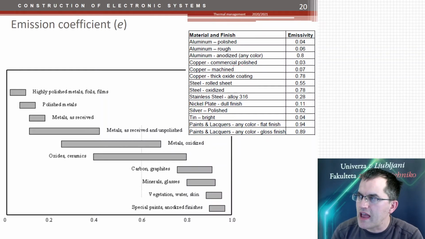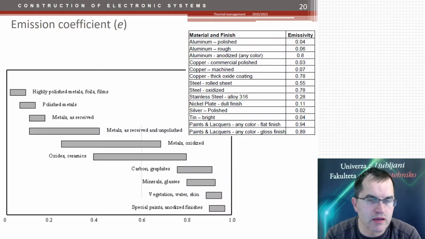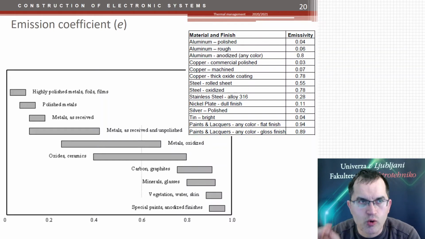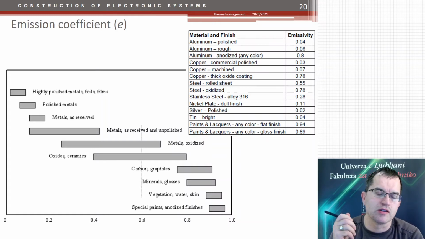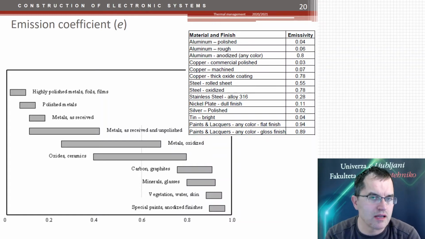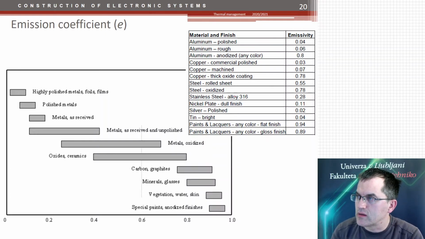And it could be anywhere in between. So sometimes when you watch electronics with thermal cameras, you can see some of the components that are really cooler than they actually are, or hotter, because the emission coefficient in your thermal camera is set totally wrong. Usually it is set around 0.95 or 0.89, somewhere here.